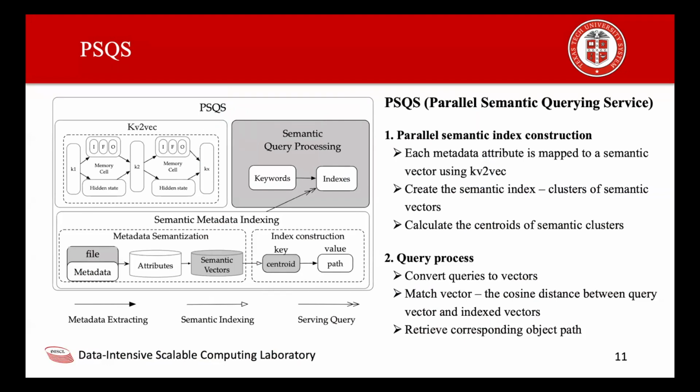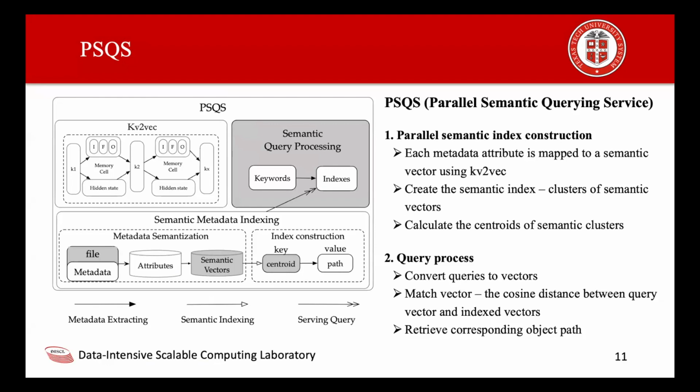Here, each semantic attribute can be mapped into different key-value pairs, and it can be mapped into a semantic vector with keyword pairs, and after that we can create the semantic indexes. They are clusters of semantic vectors, and then we can calculate the choice of the semantic cluster to represent each cluster.